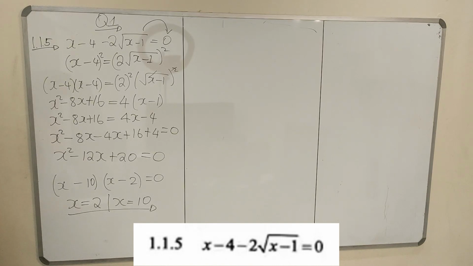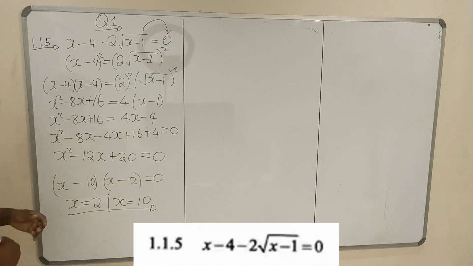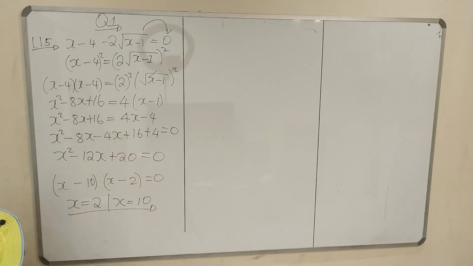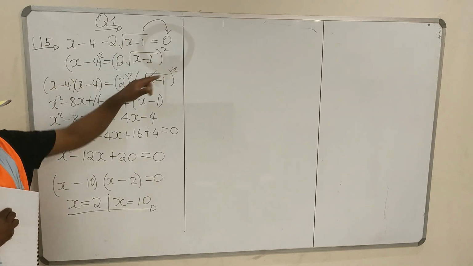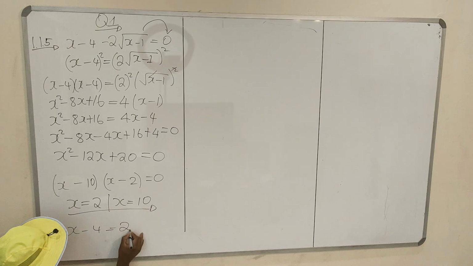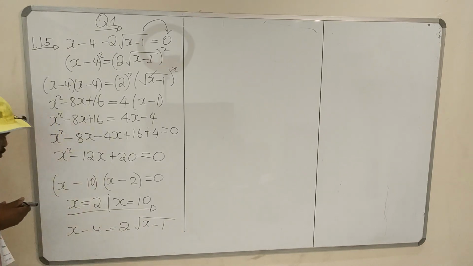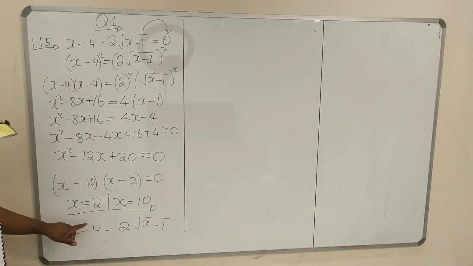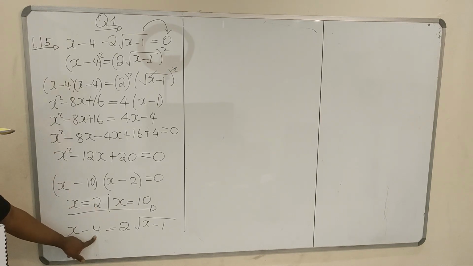So if you are looking just at this part alone, let's say, let's transpose this to the other side down here. So we have x minus 4, right? Is equal to 2 root x minus 1. So if you look, just looking at the values, if you have x as 2, what do you have here? You have 2 minus 4. What is the answer?